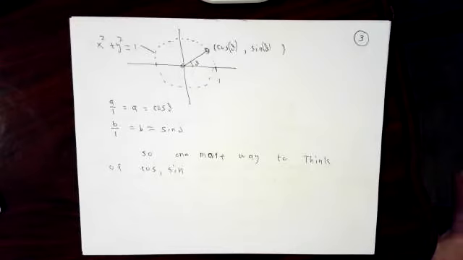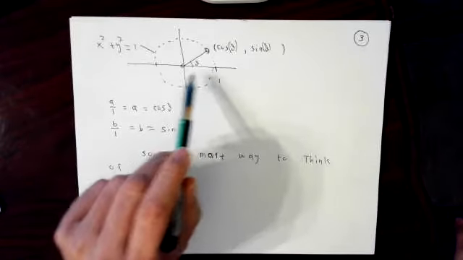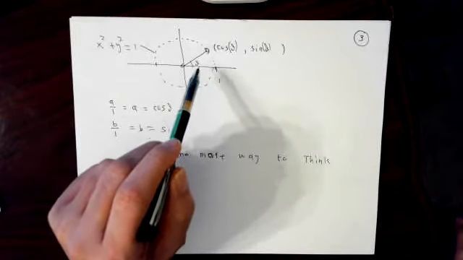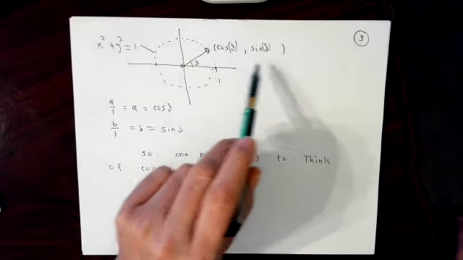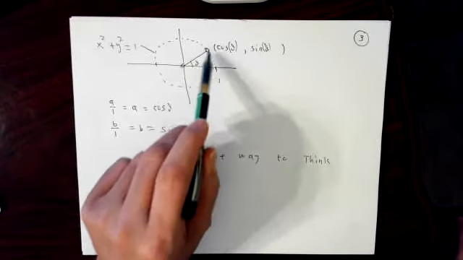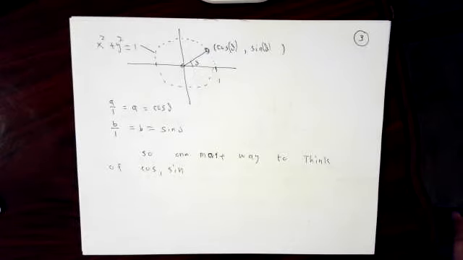So I'm not even thinking about that point that's not on the unit circle anymore. I'm just thinking about points where x squared plus y squared is 1. Starting at the usual initial side, construct an angle, and whatever the coordinates of that end point are going to be cosine of theta and sine of theta.